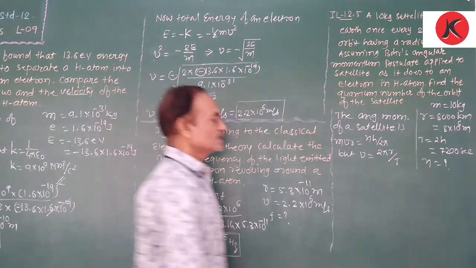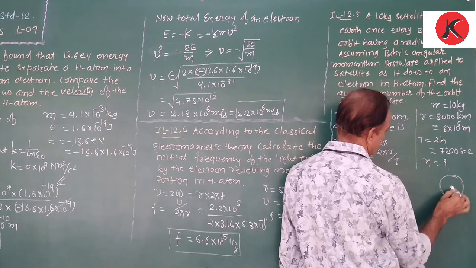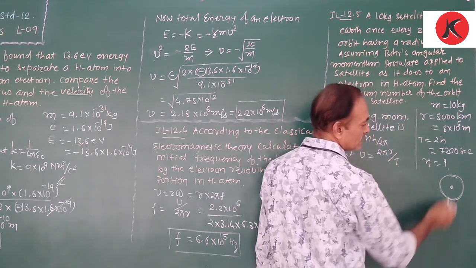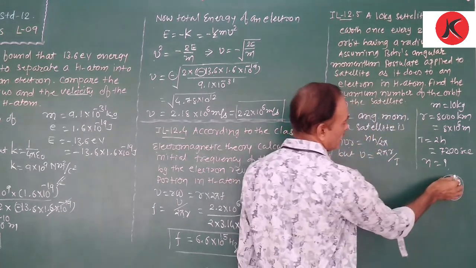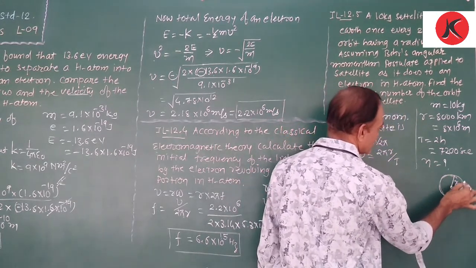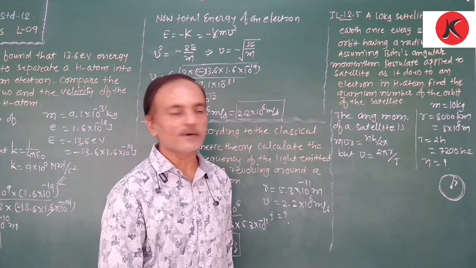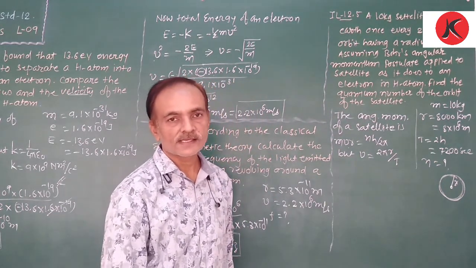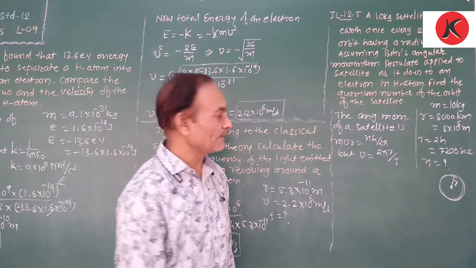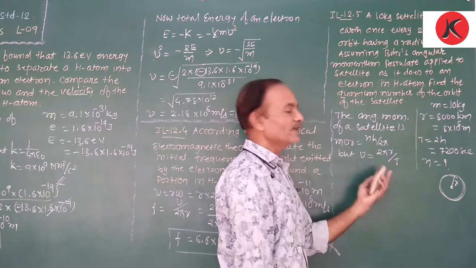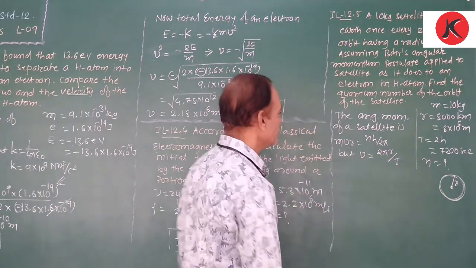Because the satellite revolves in the nth orbit around the Earth, the radius is r and the number of the orbit is n. In one periodic time, the linear distance is equal to the circumference of this orbit. Circumference is 2 pi r, and time taken is the periodic time T. Therefore, linear speed v is equal to circumference upon periodic time.